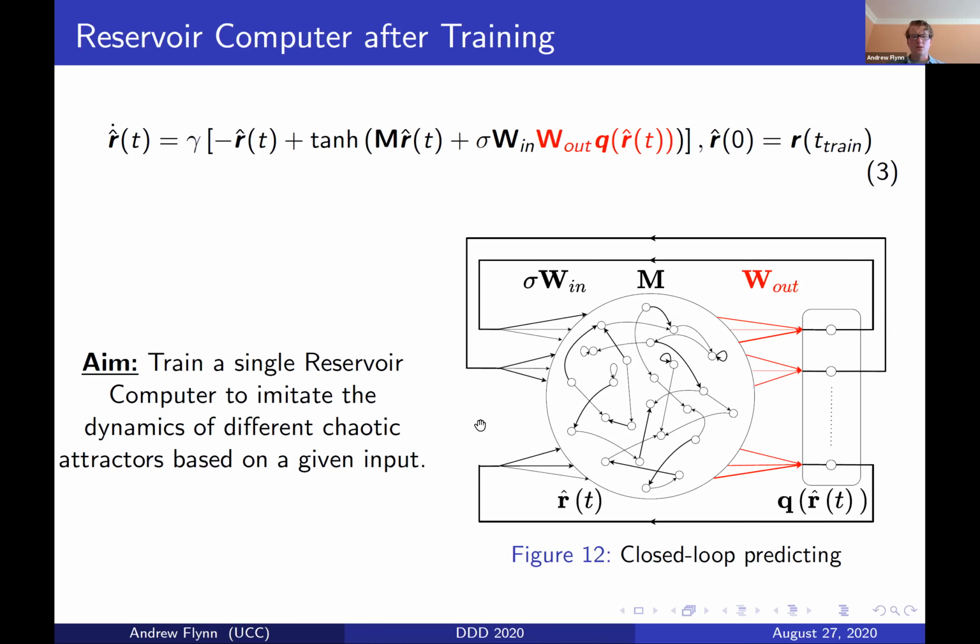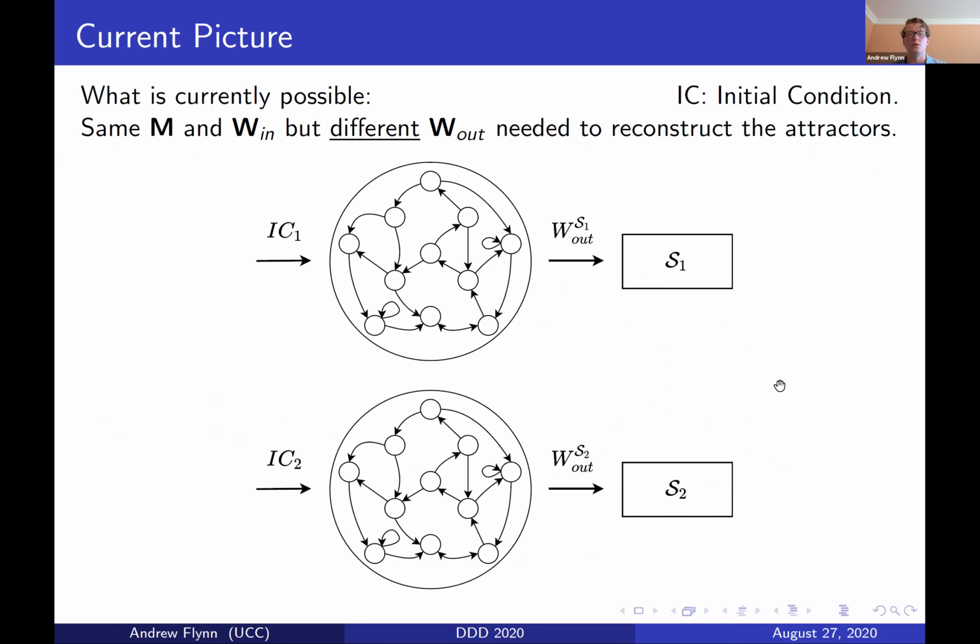So back to what we want to do: we want to train this reservoir computer to imitate the dynamics of different chaotic attractors based on a given input. What is currently possible is, if I have two different chaotic attractors, say S1 and S2, I can have the same W in matrix, but different W outs are needed to construct the attractors. So I have a task-specific matrix, W out S1, and another task-specific matrix, W out S2.